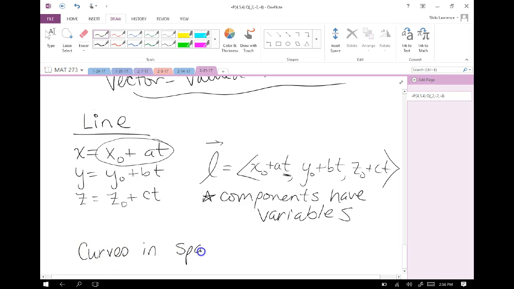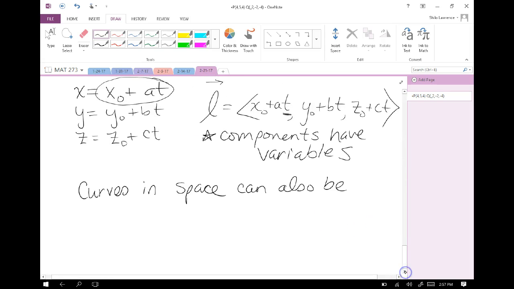Curves in space can also be represented by these vector-valued functions. Or let me just say vectors for now. Curves in space can also be represented by vectors.